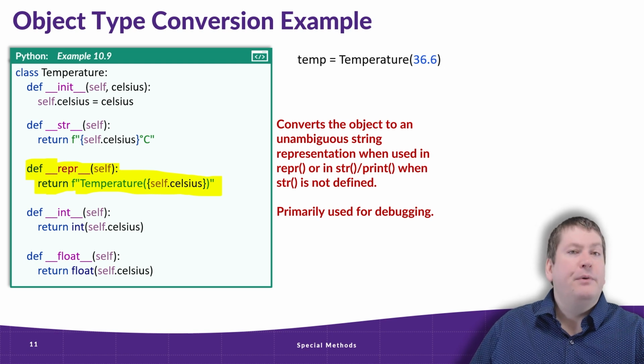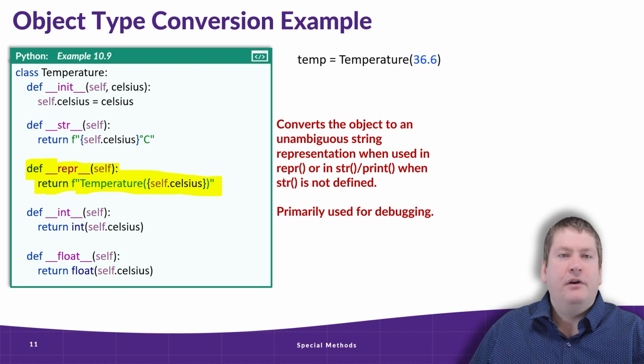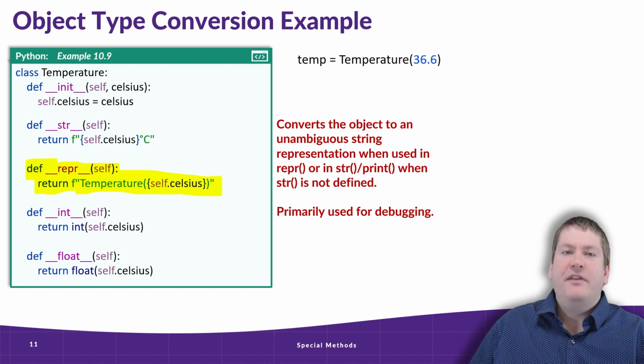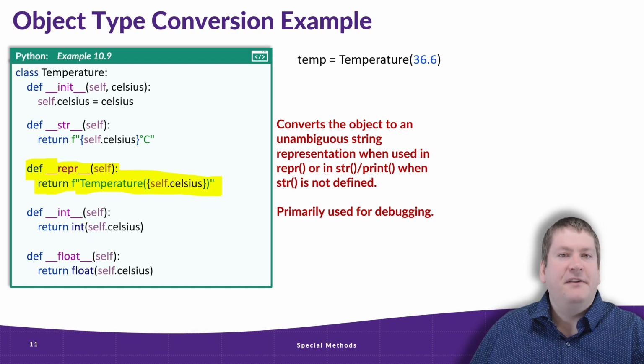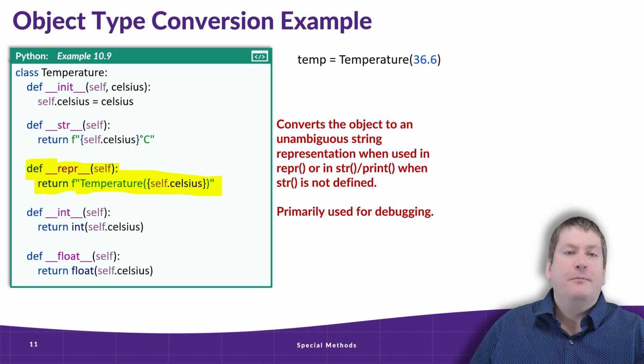So in this case, we're outputting the name of the class, temperature, and the values that we would send to it when we're creating an instance, which in this case is just the Celsius value. So this will return a string that says temperature, a parentheses, in this case the value 36.6, and then another parentheses.